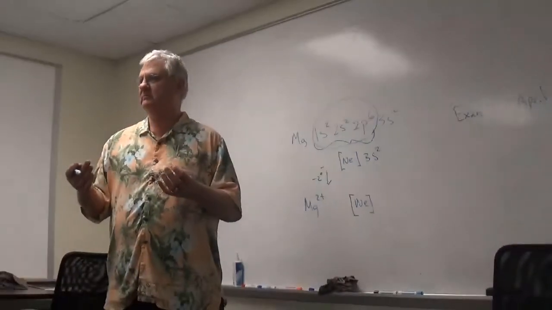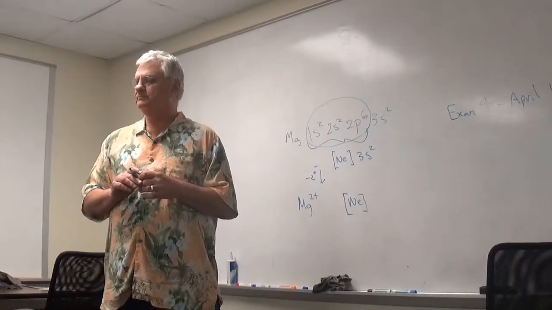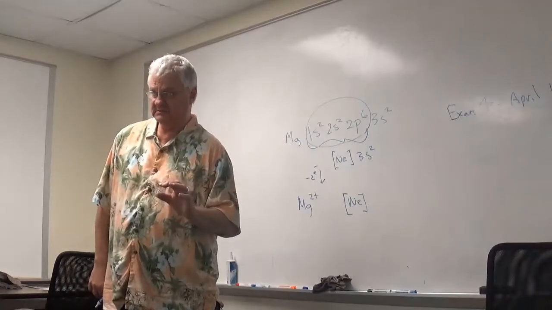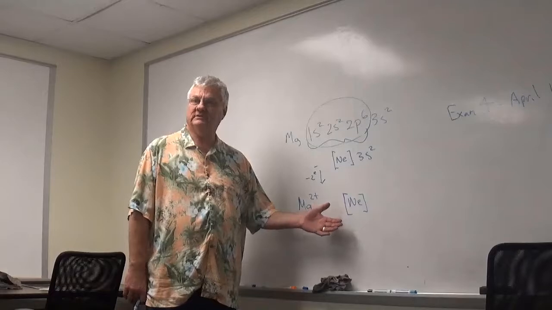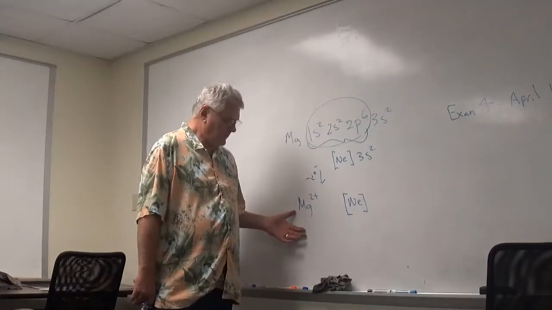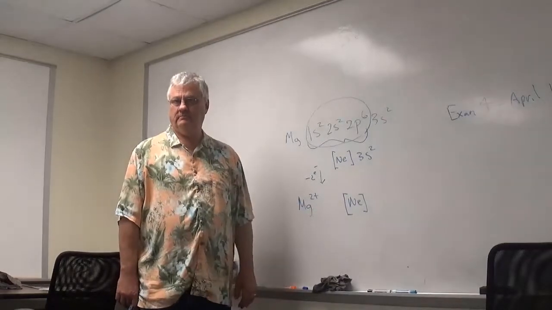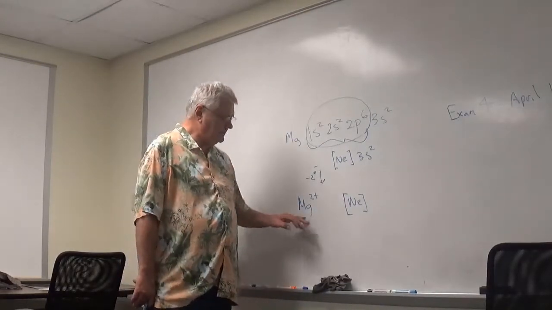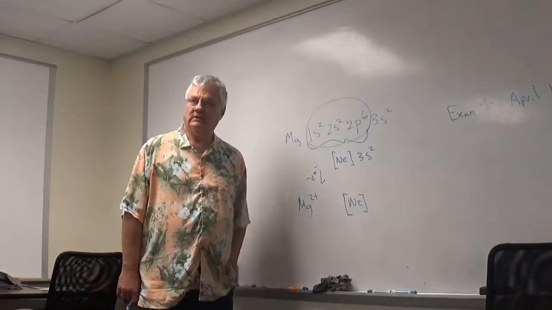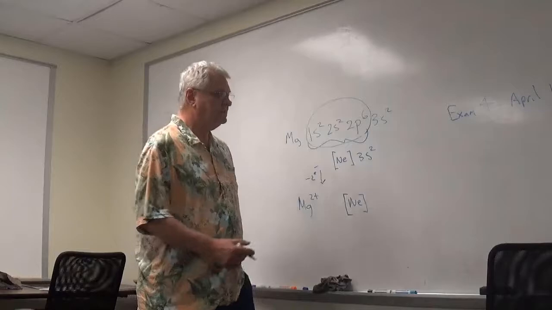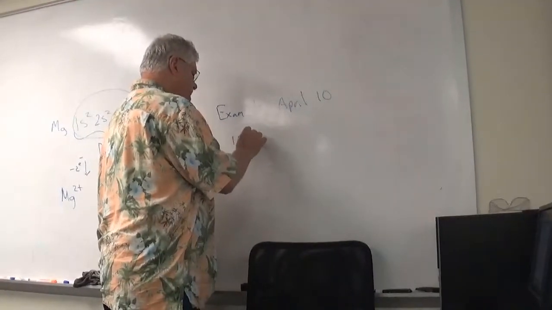They end up having the same stable electron configuration as a noble gas. The nucleus, of course, is still the same. Magnesium hasn't turned into a neon atom. Of course, that's nonsense. But the electron configuration is the same as the neon atom. When an ion and an atom have the same electron configuration, we say they're isoelectronic. Okay, so that's a term you want to be comfortable with, isoelectronic.